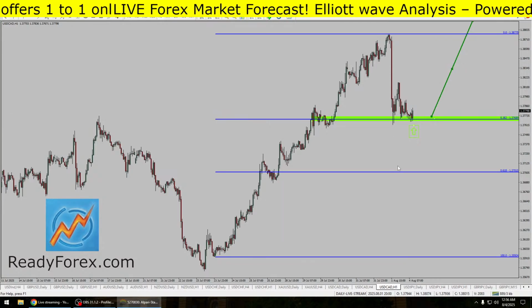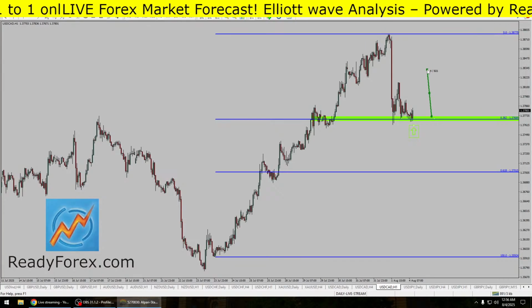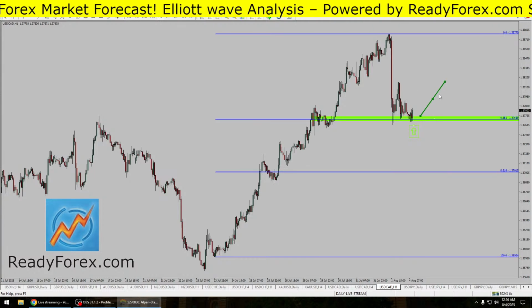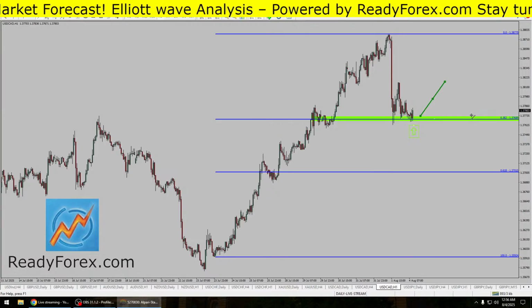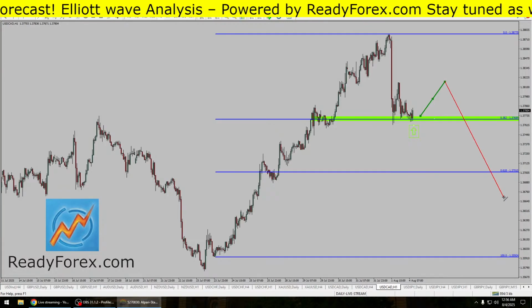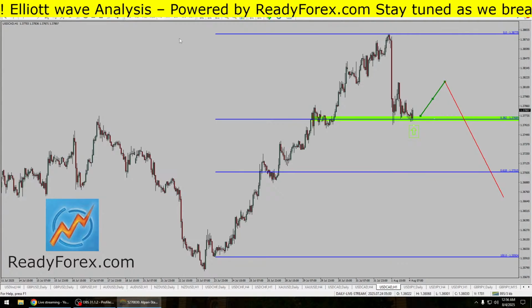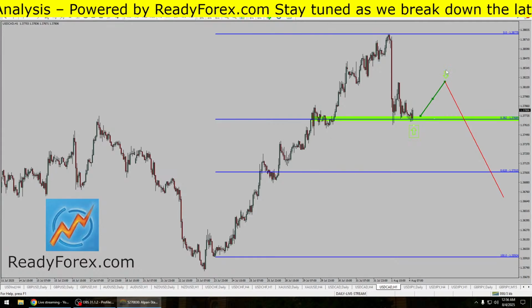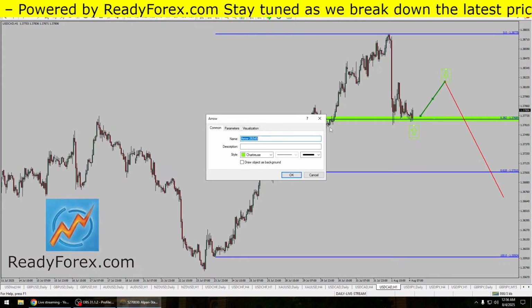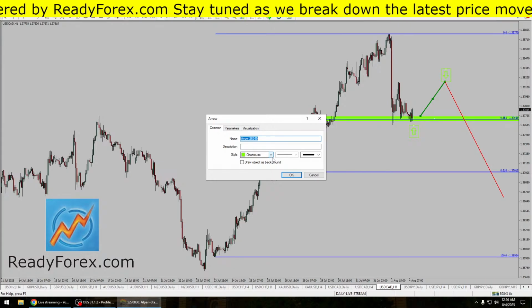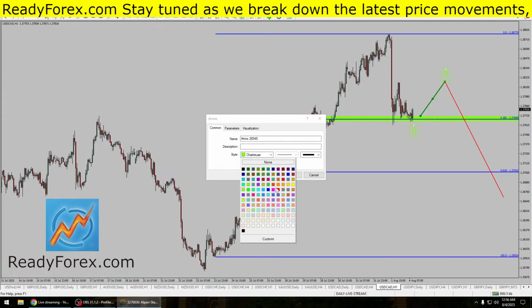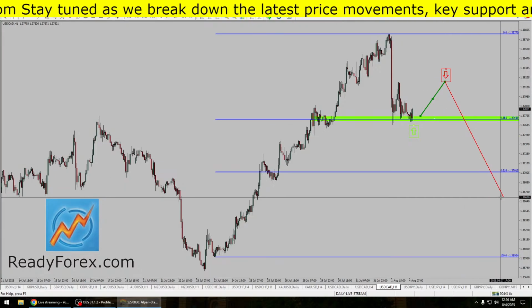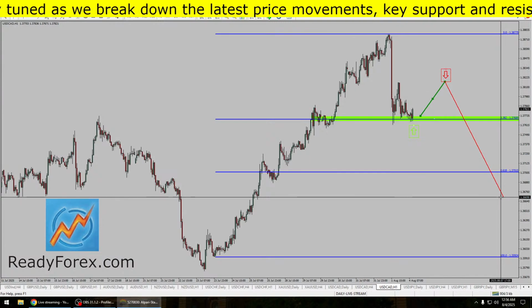The way we got this big washout to the downside, I think the reaction or the buying pressure would be a little bit small, and sooner or later the USD CAD currency pair is going to drop. So I would prefer to be on the sell side instead of the buy side. I would prefer to look for a sell trade plan or a bearish chart pattern to ride and trade the next bearish impulse leg to the downside.